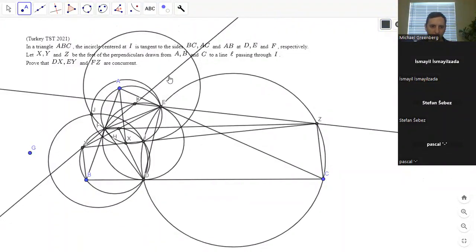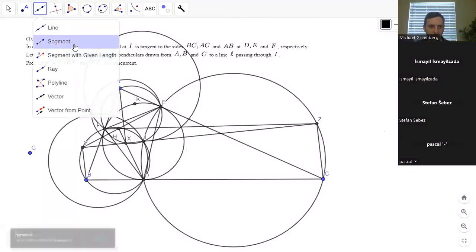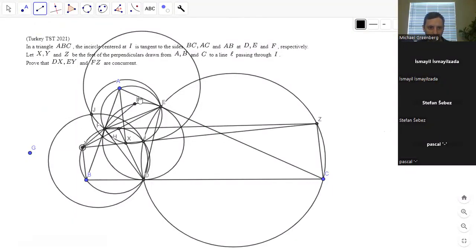So if we know that, maybe it's like harmonics or something like that. So if YF and EZ meet on the end circle by symmetry, that would mean, what would that mean by symmetry?